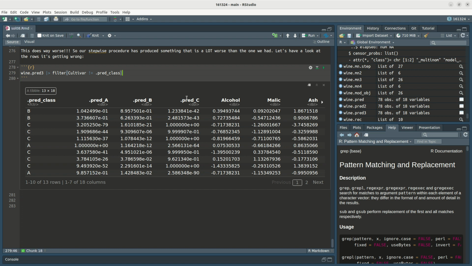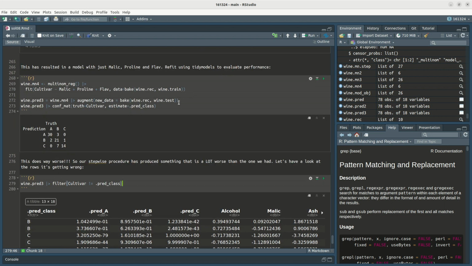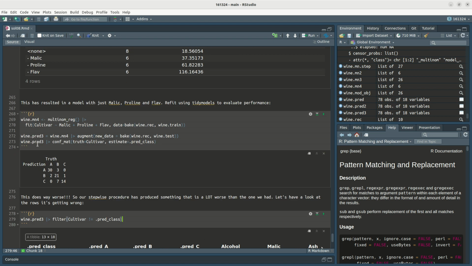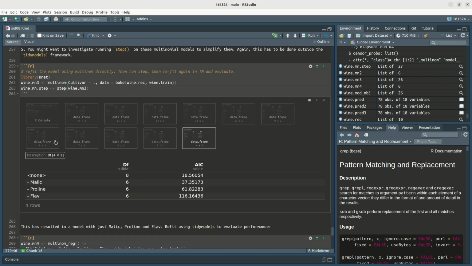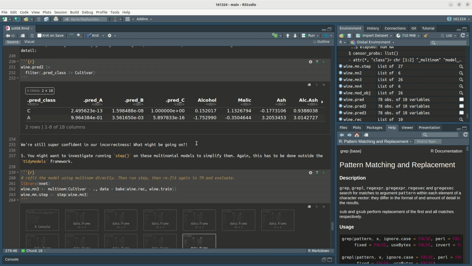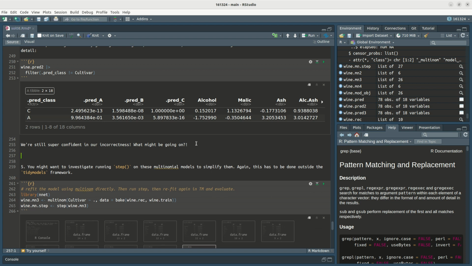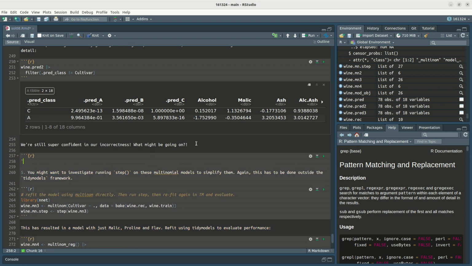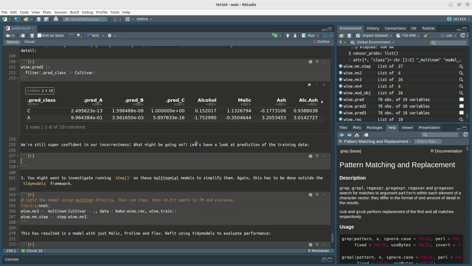And when this happens, it's often because, we saw it back up here as well, what's actually going on might be that we're overfitting the training data. So let's have a look at prediction of the training data. Okay, so let's take our model.